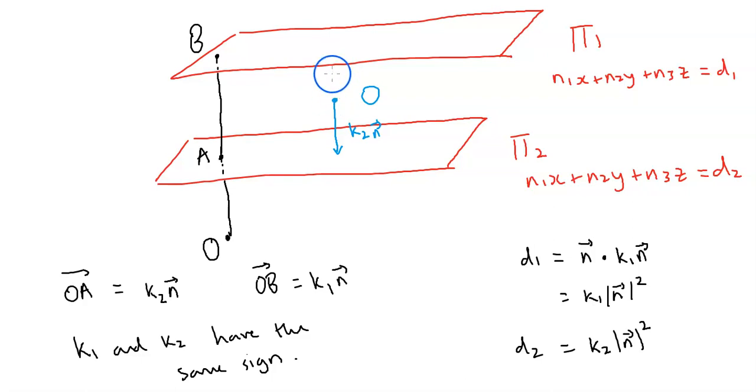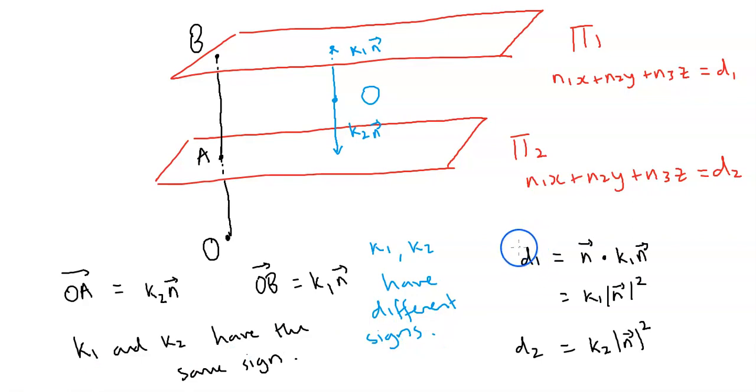This would be K1 times n, and we would have K1 and K2 have different signs. Which would mean that D1 and D2 had different signs. And I think from here it's pretty easy to see what to do.